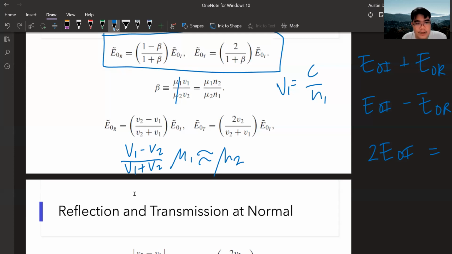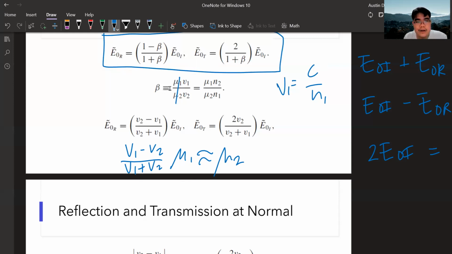So guys, baka nagwa-wonder kayo, mula complex, lumipat tayo sa real part by considering the cases na meron kang e to the i delta for the phase, e to the i delta I. Okay? And sinabi nga natin na yung difference lang naman between the in phase and out of phase cases would be the switching of the terms here. Okay? Pero you can generalize them down as an absolute value.